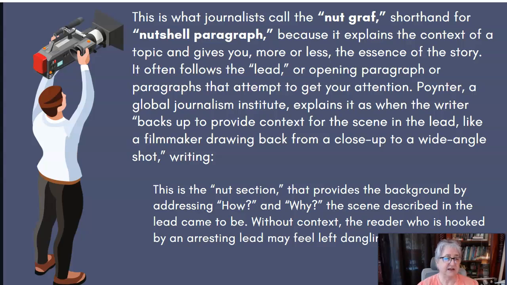It often follows that lead, that hook, that opening, because all the hook does is get your attention. Then the nut graph says you're up close. It's like a close-up in a film, and that's what the hook is for. And then the nut graph widens out to a mid-shot or a wide shot, so that it puts it all in context.